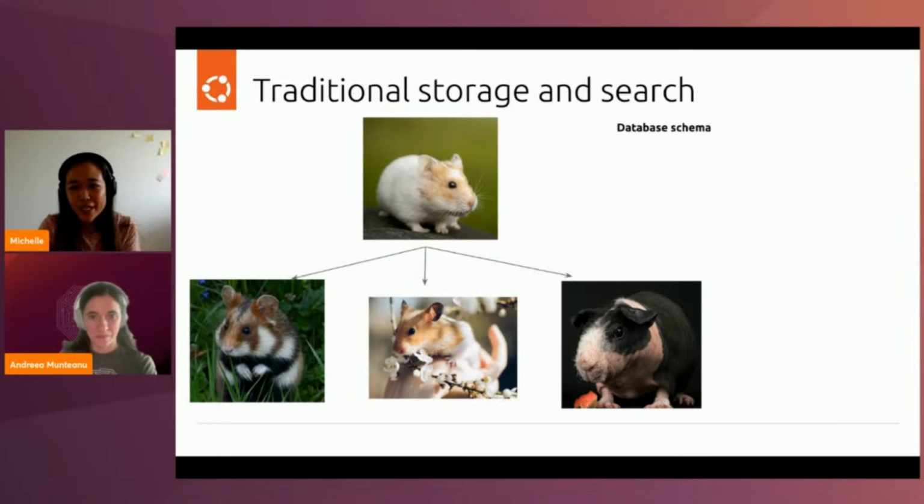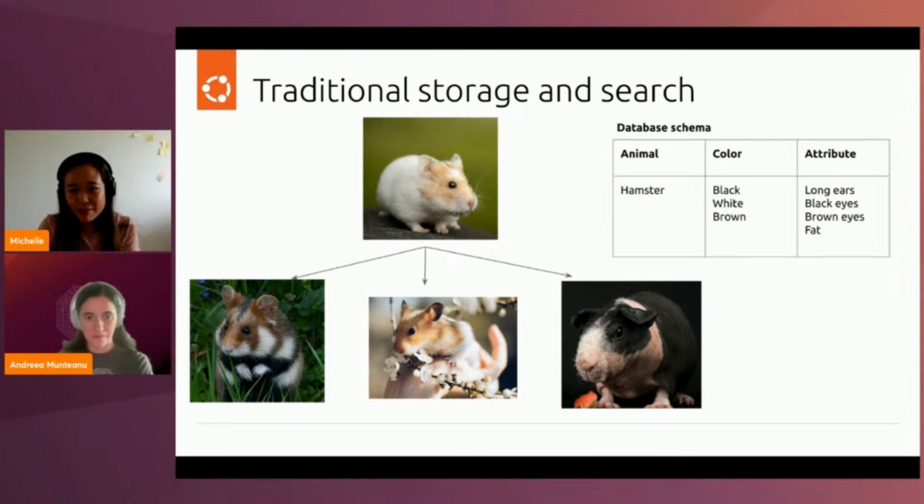In the traditional way, the database schema is a little bit manual, right? You have columns and rows, and then you put hamster and you try to find association to that hamster like black, white, brown, or any other attributes you wanted, the ears or black eyes, black hairs, or whatsoever. And those attributions in the traditional way of structured databases are very manual.